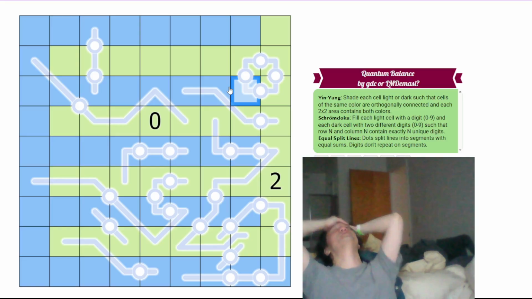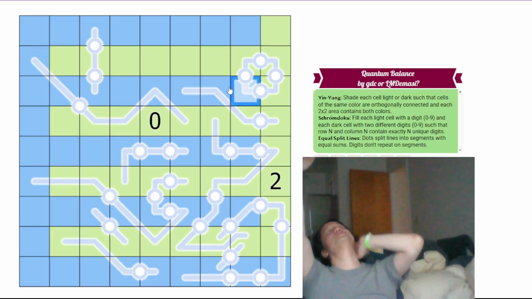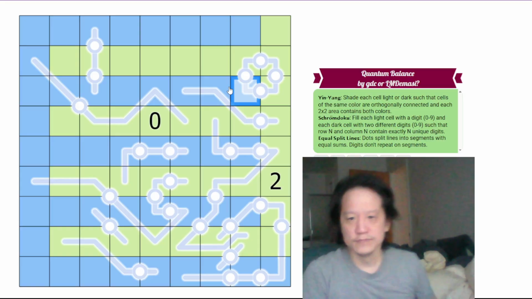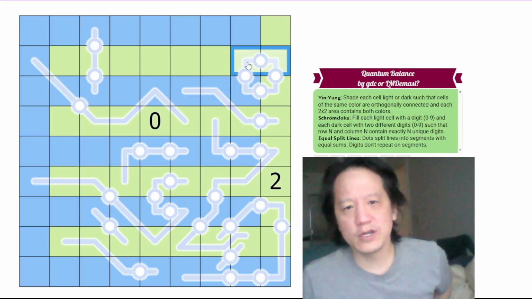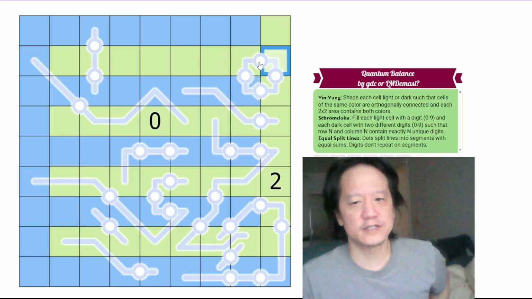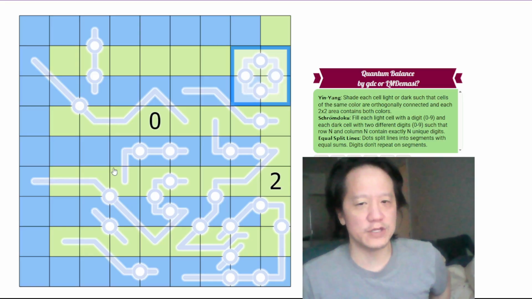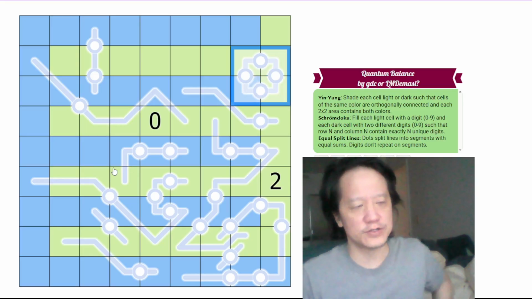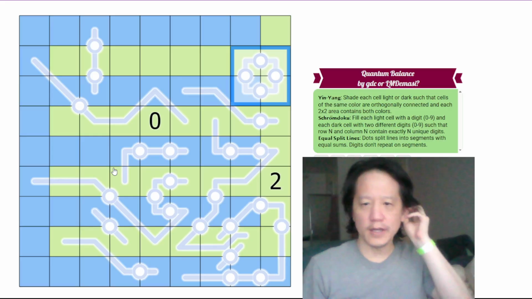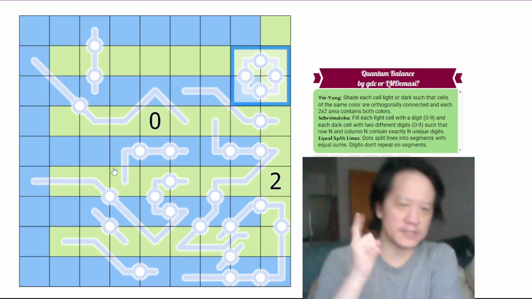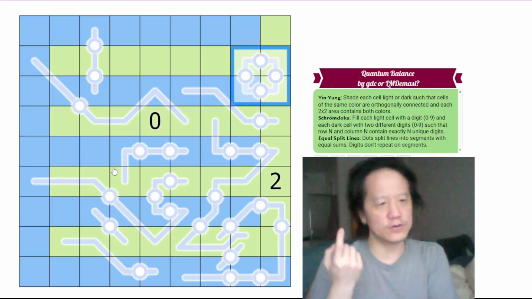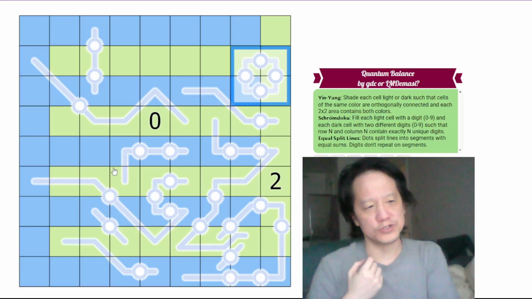Row 8, column 8 must have 8. Row 7, column 7 must have 7, etc. And then we have equal split lines, where dots split lines into segments with equal sums. That's very interesting. Anyways, and digits don't repeat on segments. Those are all the rules.